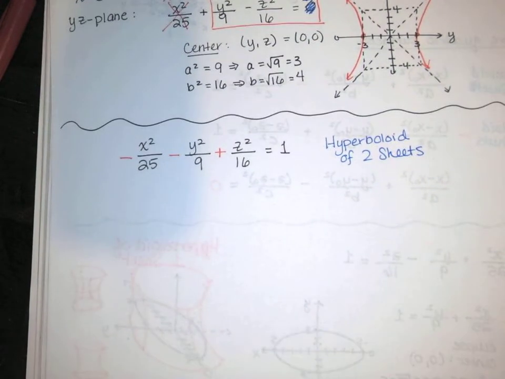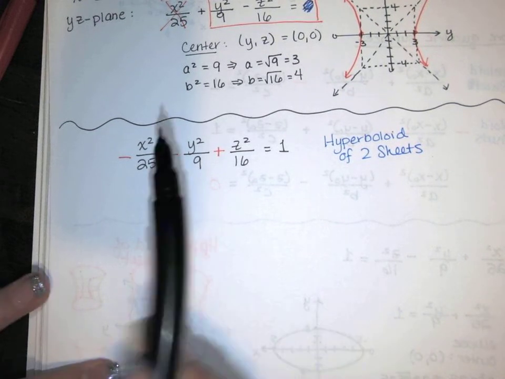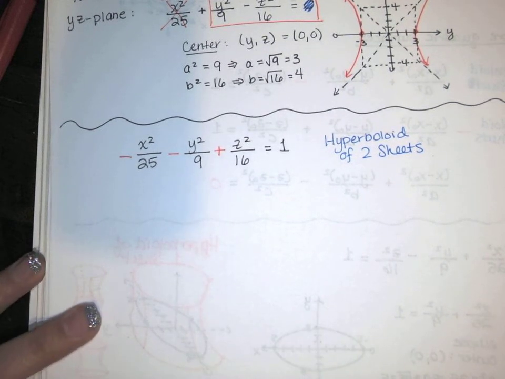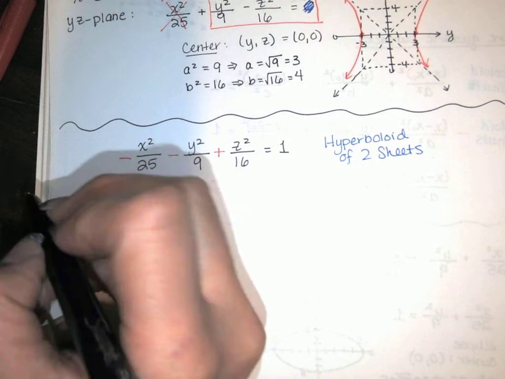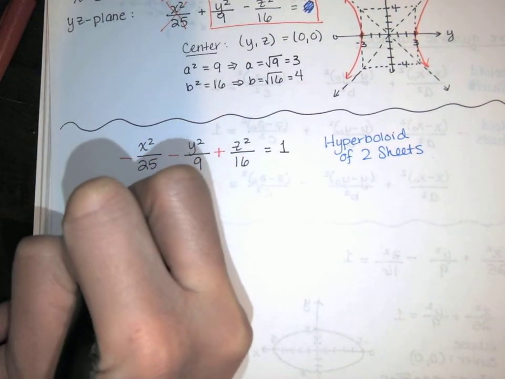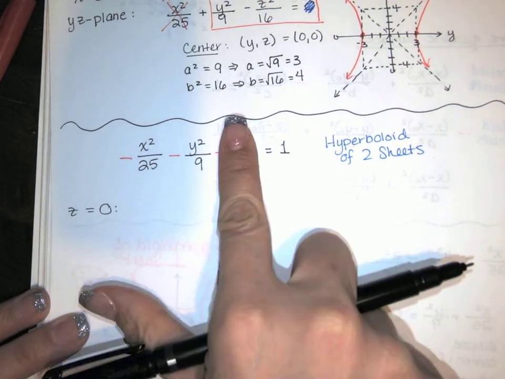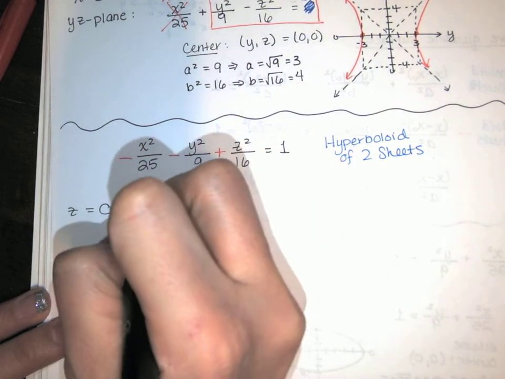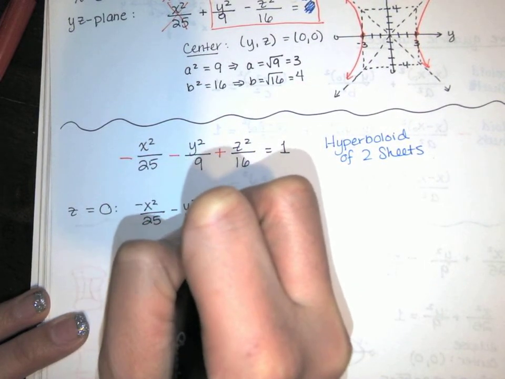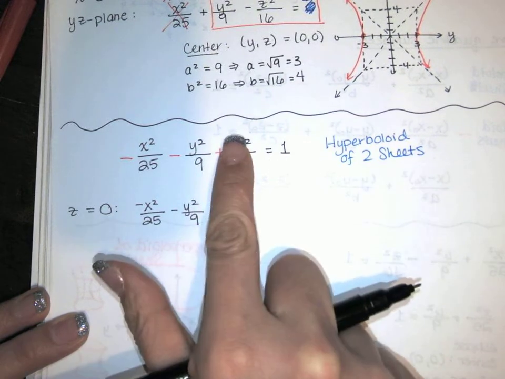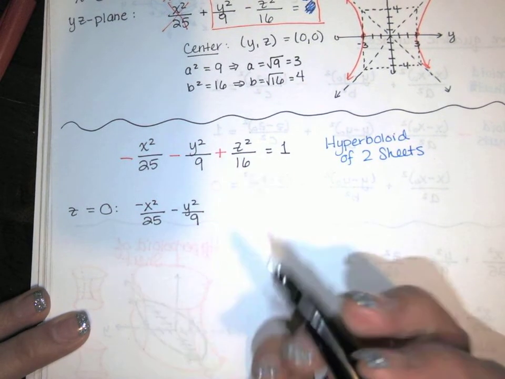All right, so to find the traces, let's just set one variable equal to 0 and see what happens to our equation. So let's set z equal to 0 this time. If z is 0, that's gone. So we're just left with negative x squared over 25 minus y squared over 9 plus 0, so that's nothing, equals 1.